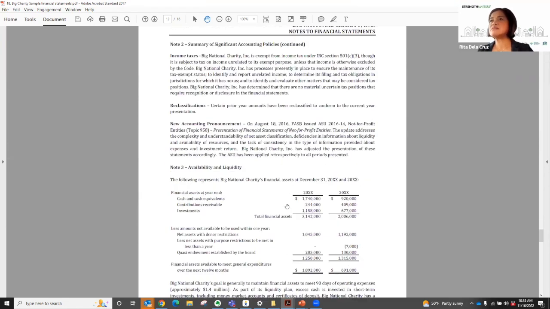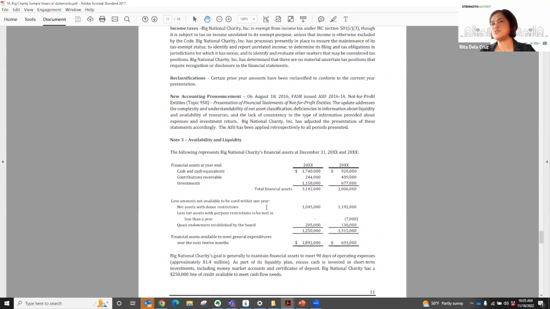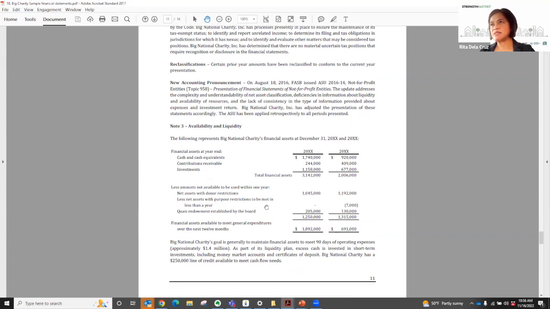This didn't used to be required by GAAP, but starting, I think, 2018 or 2019, you would see this disclosure in all of the not-for-profit organizations' financial statements.